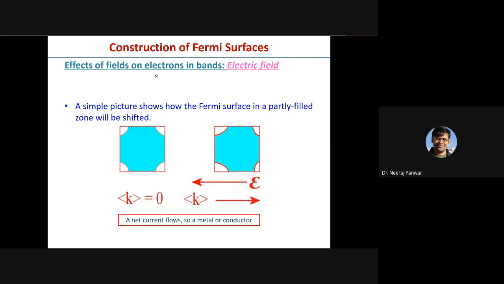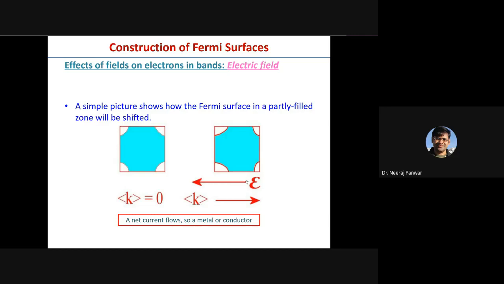So now we can see what is going to happen if we apply an electric field on a Fermi surface. So this is in the absence of electric field for any type of metal. Here all the states are empty, therefore electrons can go from this state to empty states, so conduction is possible.